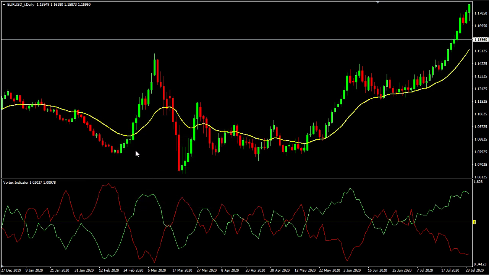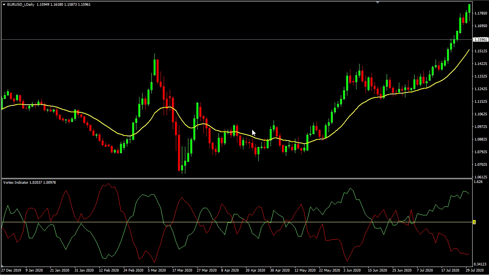So now what you can do, you buy only when the candles are above this moving average, and you sell only when the candles are below this moving average.